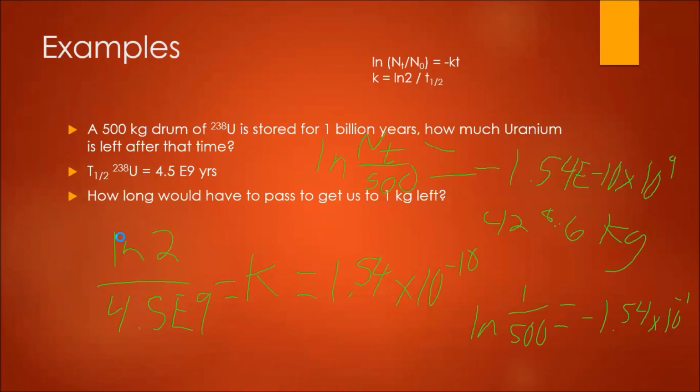So ln of 1 over 500, and we're going to divide by 1.54 e negative 10.